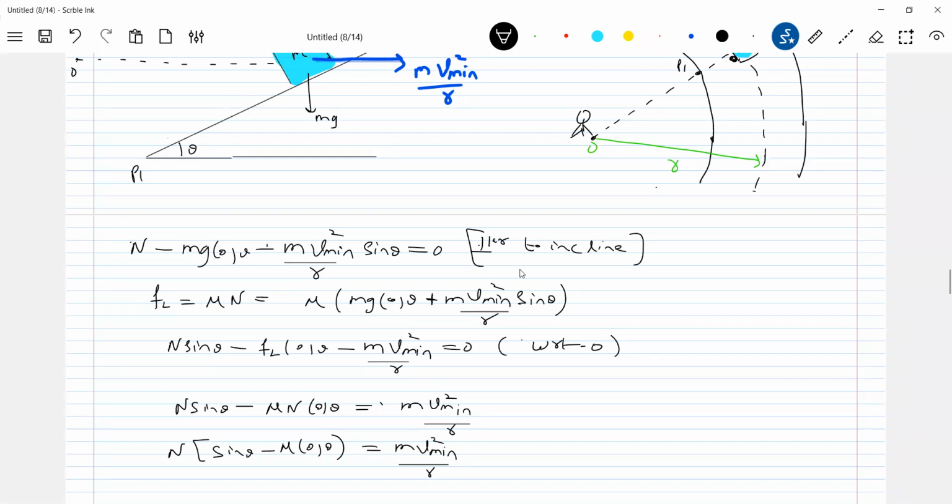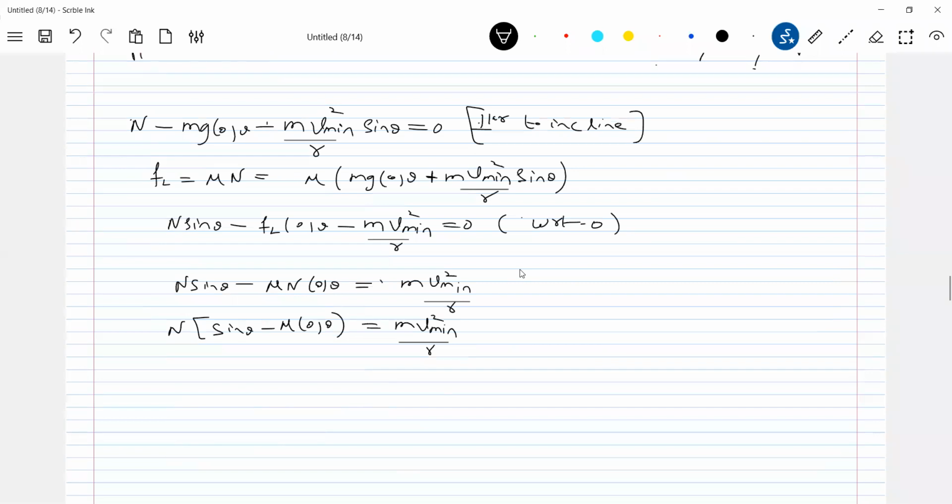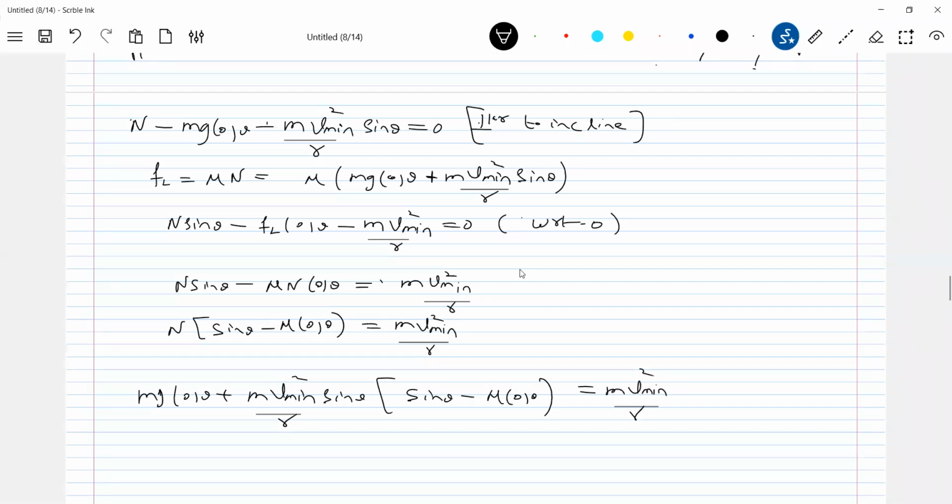Oh, one more equation. Substituting this should be mg cos theta plus m v minimum square by r. Solving this, we'll get the expression for v minimum. Anybody?